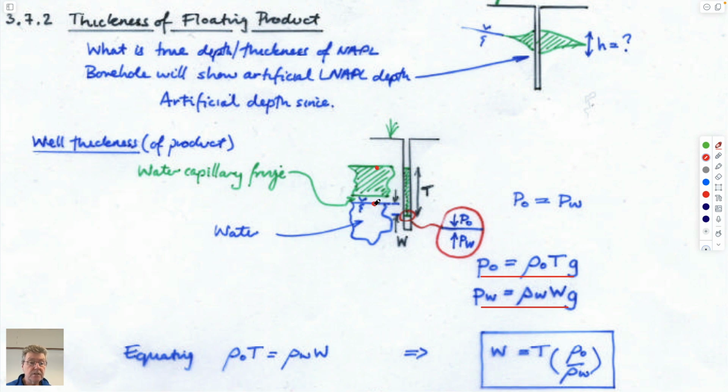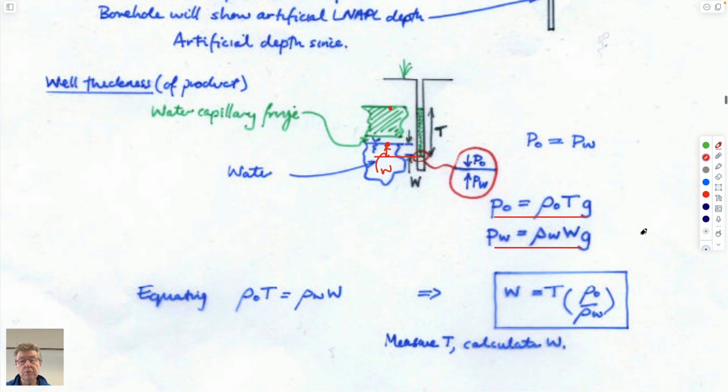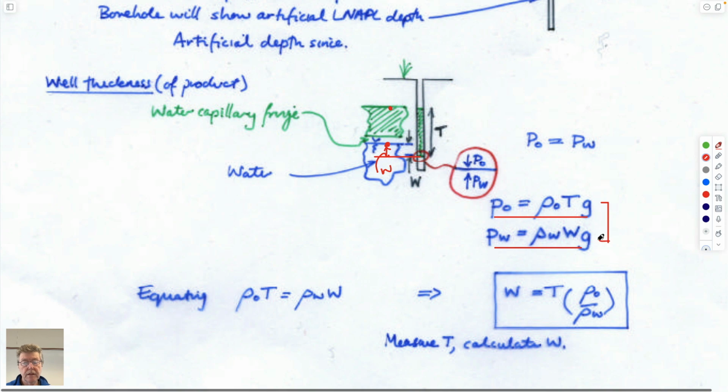But because the water starts off at zero pressure here, then by the time it gets to this depth here, which is W, so this is atmospheric pressure, the pressure at this depth here is going to be the density times gravity times W. So this will be the pressure acting at this point, and that has to be acting up against this. So what we can do is we can just equate these two terms, nothing more. They have to be equal if it's not moving.